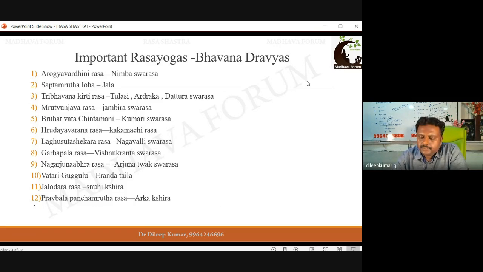Ingredients are Parada, Rasa Sindura, Gandhaka, Tankana.